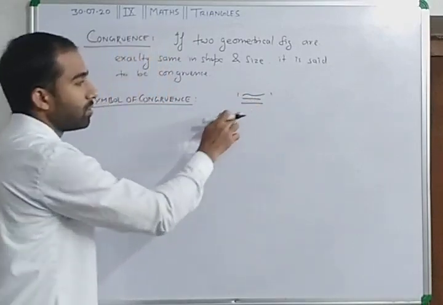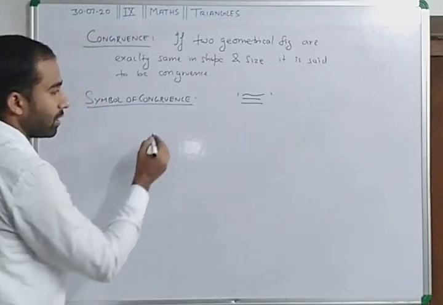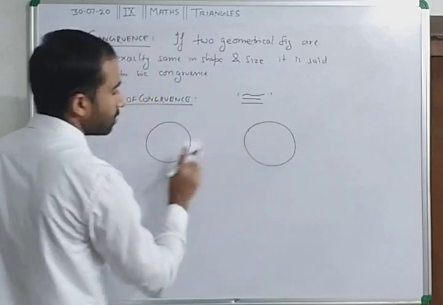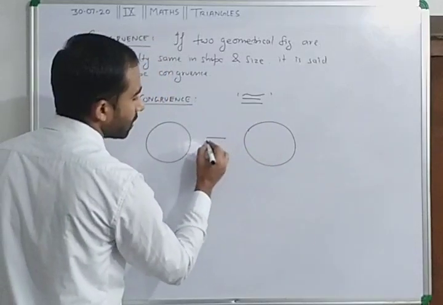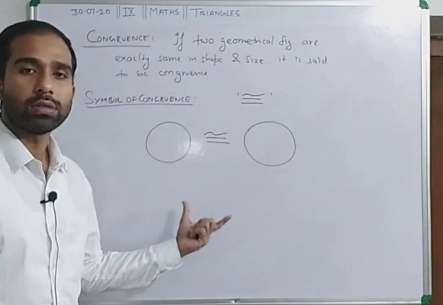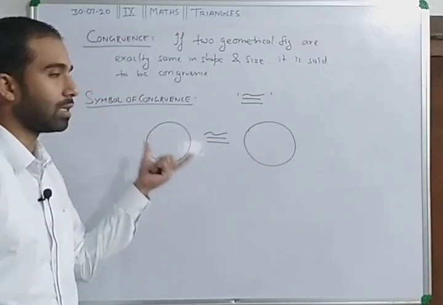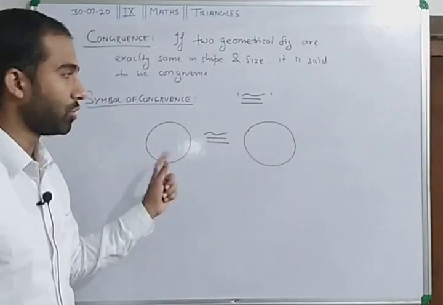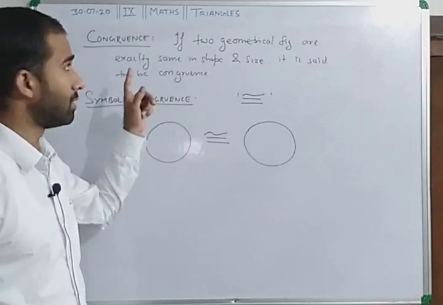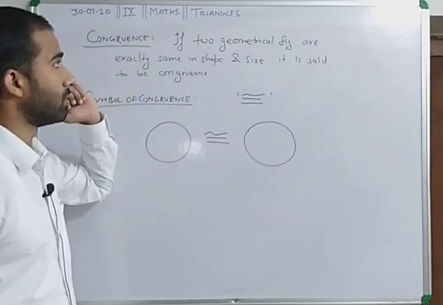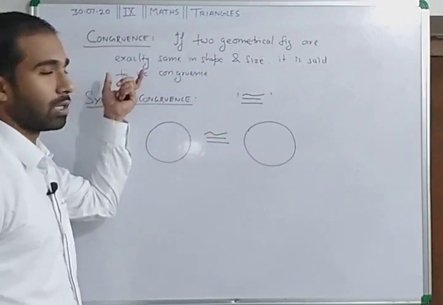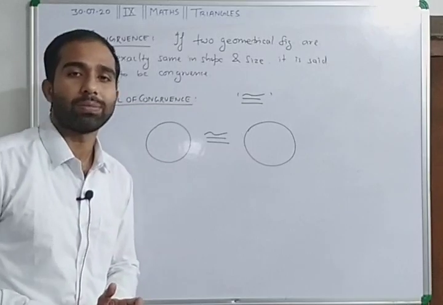If you put this symbol between any two geometrical figures, like these circles, both are circles, it means both the figures are congruent to each other, means both the figures are exactly same in shape and size. So now we understand what is congruence. Two geometrical figures are said to be congruent if they are exactly same in shape and size.